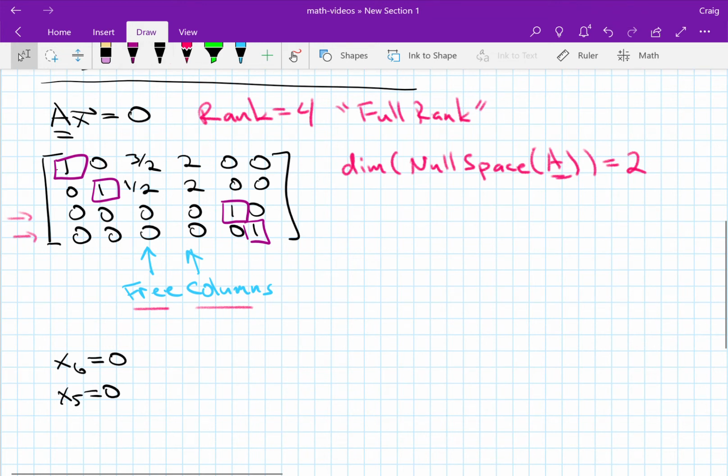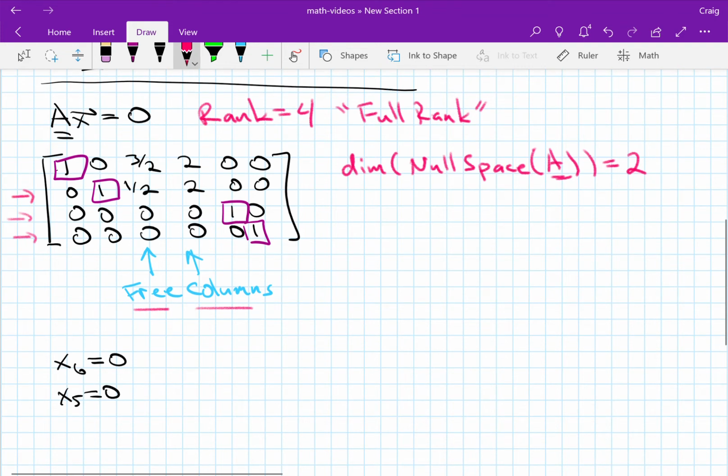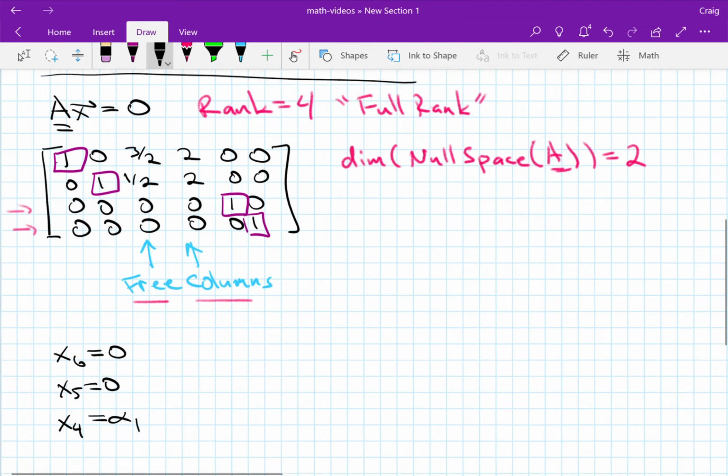Then for the next equation, let me say it like this. For the free column corresponding to x4, so far there's no other relationship on x4, so let's make up a dummy variable.